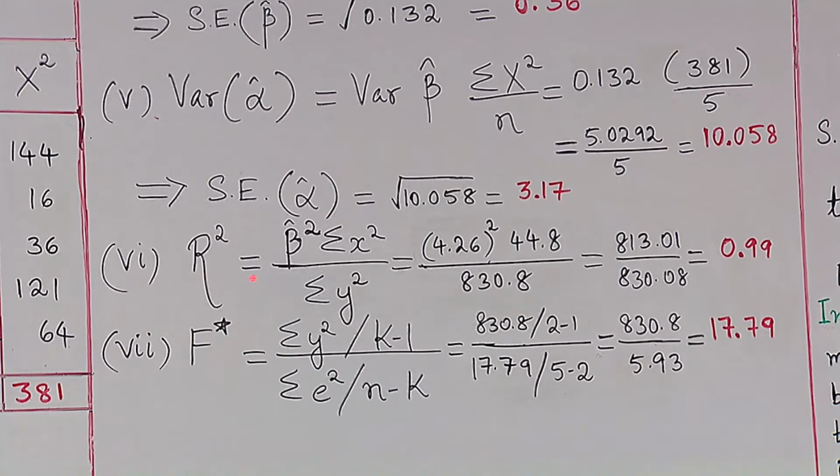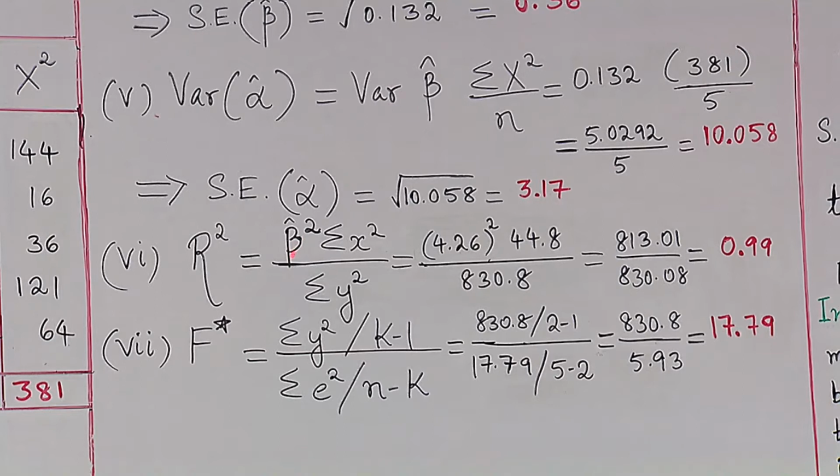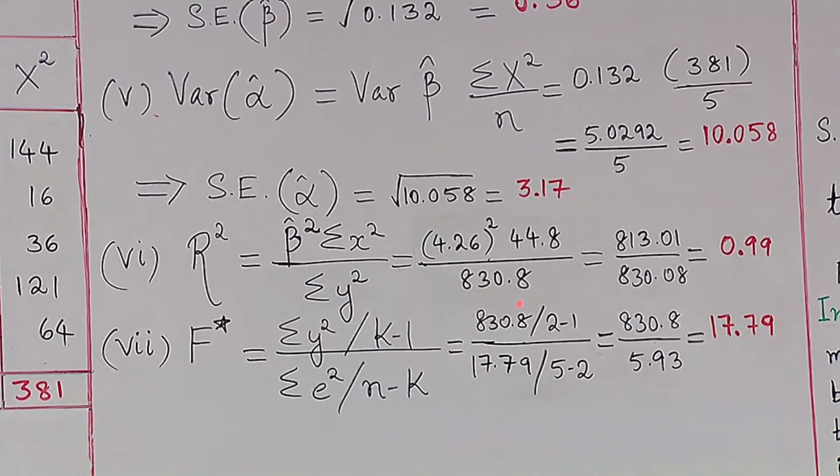So, R square is equal to beta hat square sigma small x square divided by sigma small y square. Just as we did previously, substitute the value for beta hat as 4.26, square it up, sigma x square is 44.8 and sigma small y square is 830.8.